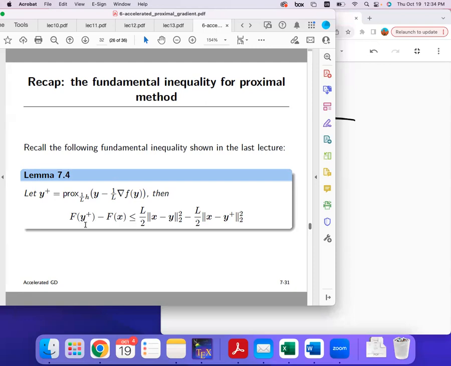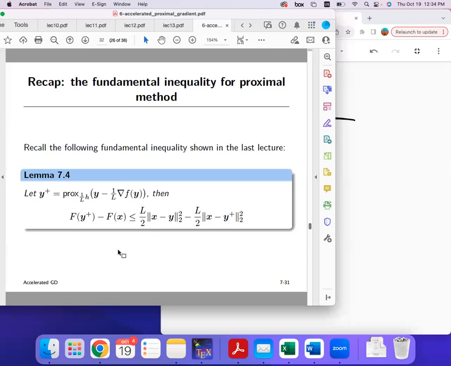The function value at y plus, subtracting the function value at x, is upper bounded by the difference of these 2 quadratic terms. Previously we showed that with this lemma, by setting x and y plus to different values, we can prove the convergence rate of the proximal gradient method.